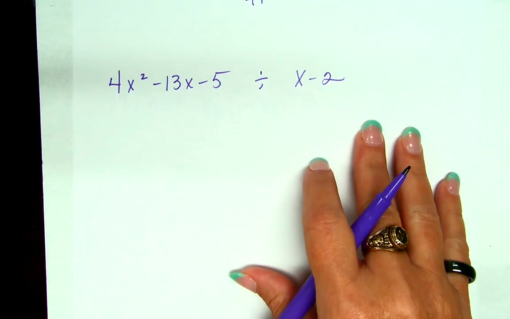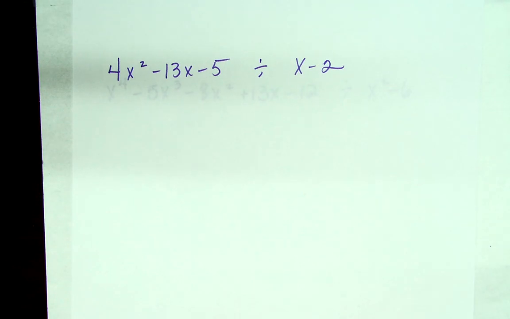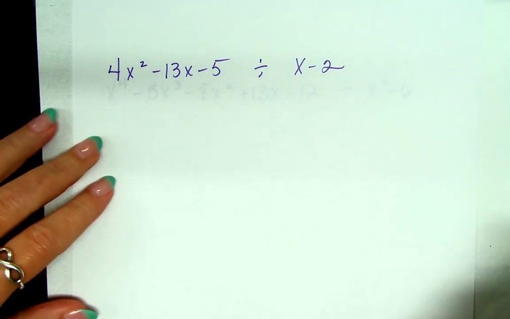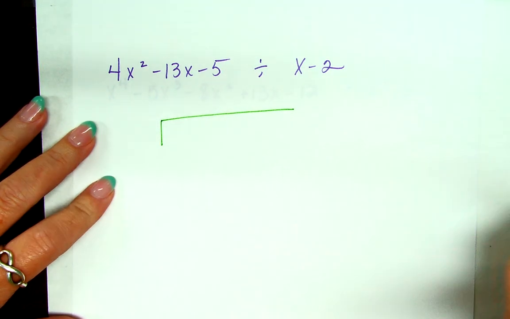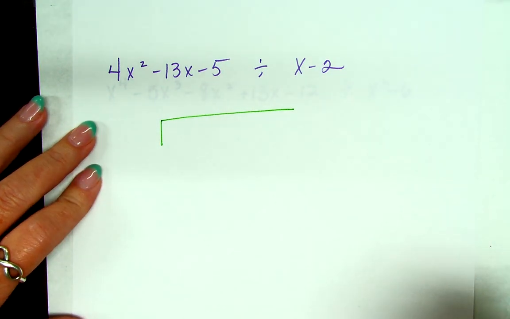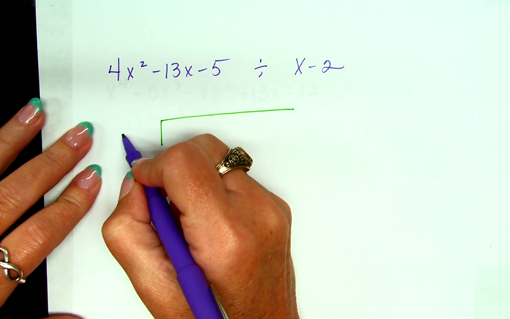Okay. Let's try this one. 4x squared minus 13x minus 5 divided by x minus 2. Are you okay? So first I draw my vinculum. And what goes outside my vinculum?